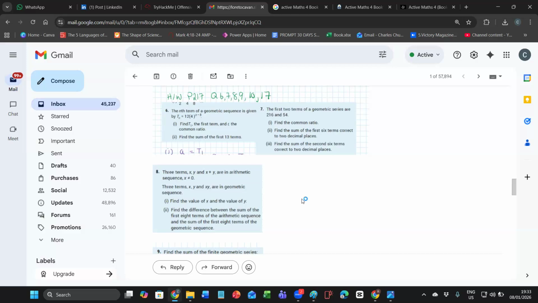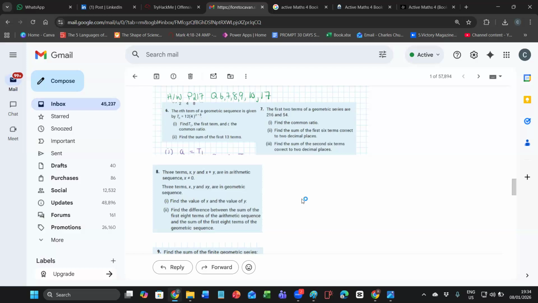Not that. Let's read the question: it said the first two terms, so we expect 216 to come before 54. That means it's actually the other way around: 54 over 216.